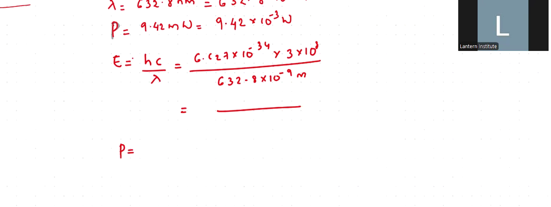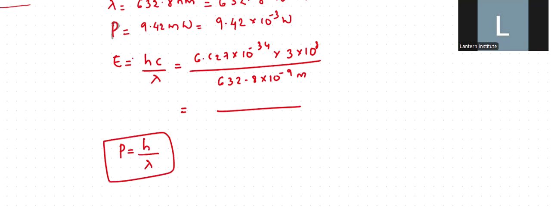I am going to write the equation here. P is equal to h by lambda. This is the equation connecting momentum and wavelength. Then you can substitute 6.627 into 10 to the power minus 34 divided by 632.8 into 10 to the power minus 9. Then you will get the momentum value.